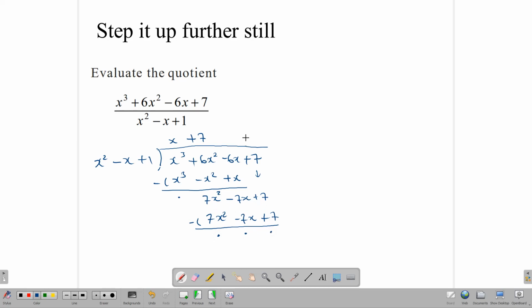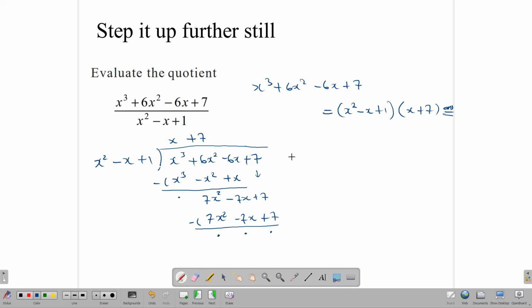And what that means is that x cubed plus 6x squared minus 6x plus 7 is going to be equal to x squared minus x plus 1 times x plus 7. So this multiplied by this would give us that dividend in our numerator. So that's our answer there.